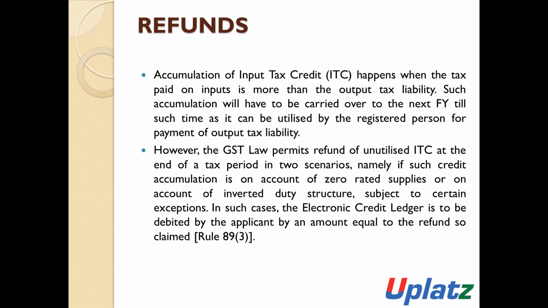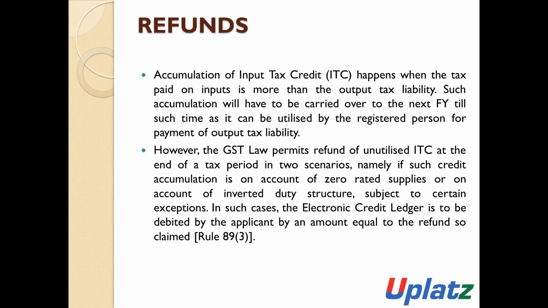Such accumulation will have to be carried over to the next financial year till such time as it can be utilized by the registered person for the payment of output tax.